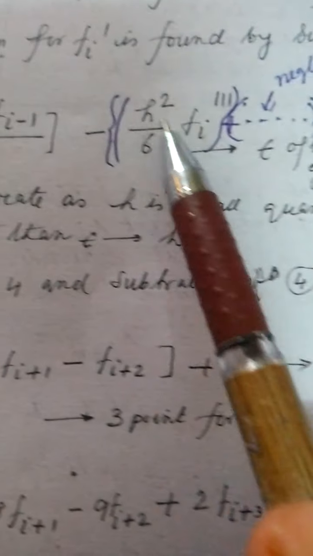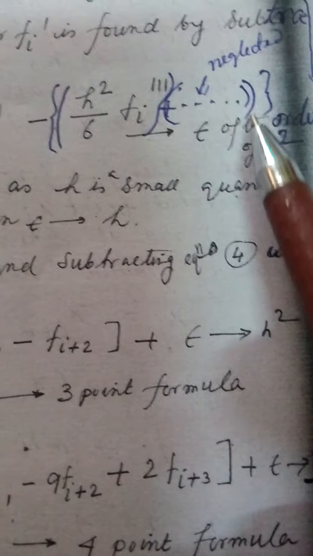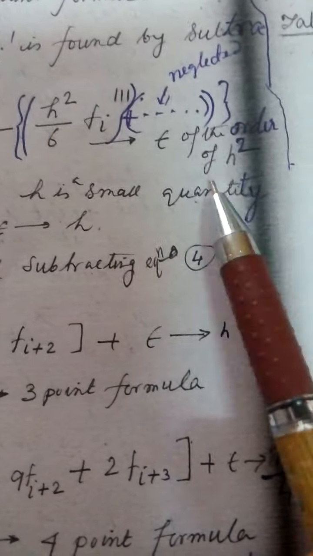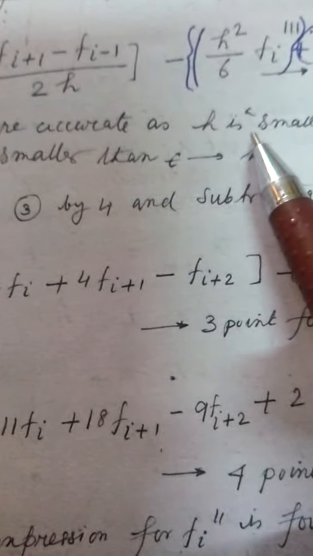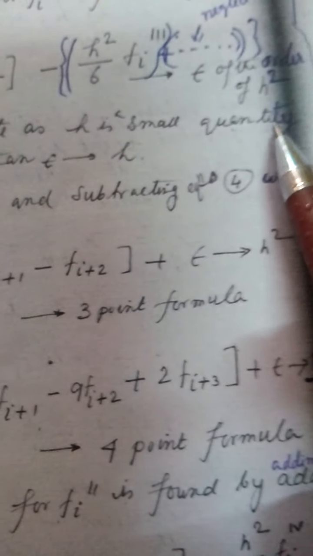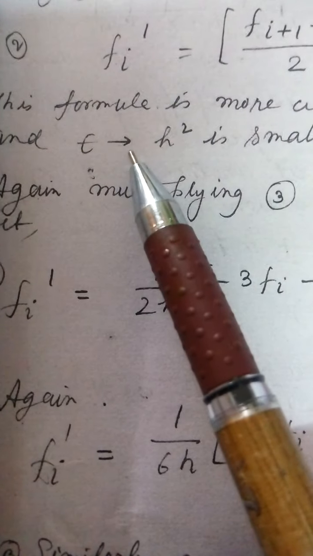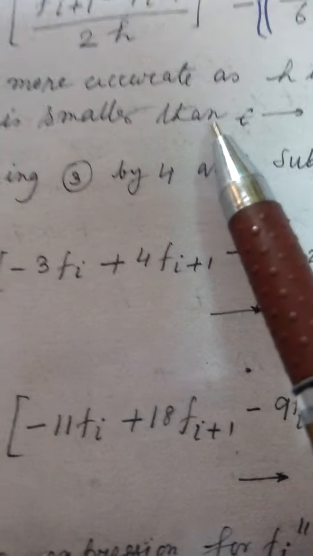Whatever the error is there, this error is minus h square by 6 fi triple dash plus something. So this total here is error. Error is of the order of h square. This formula is more accurate as h is a small quantity and h square is smaller.